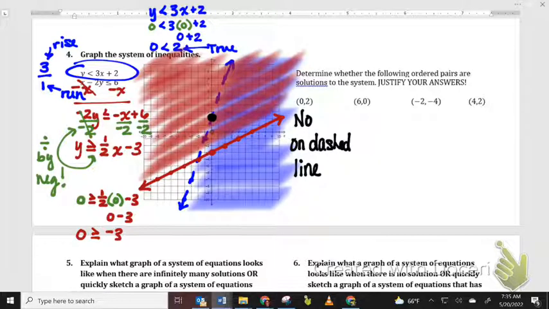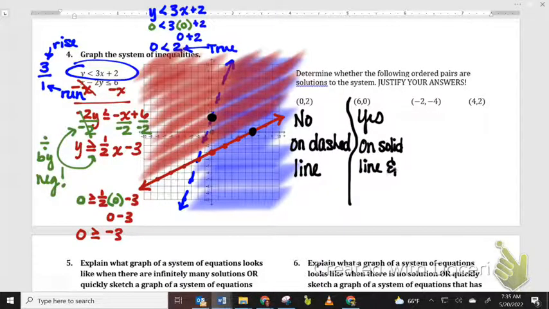Let's see, 6, 0, right here. What do we think of that one? Yes. I'm going to give 2 reasons for that. Saying that it's on a solid line is not enough. Because if I were to put a point out here, this one out here is also on the solid line. But that one would not be a solution. Why? This one's not, but that one is.